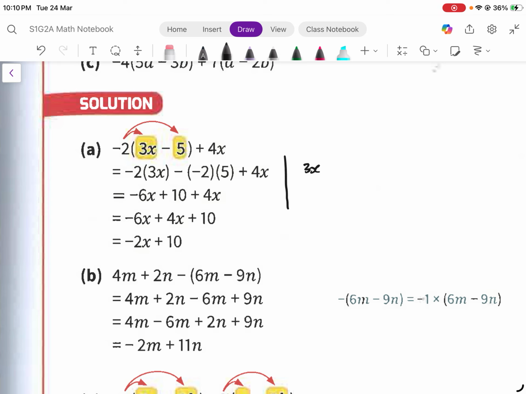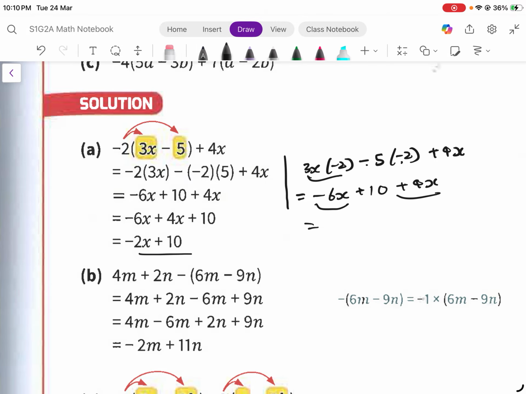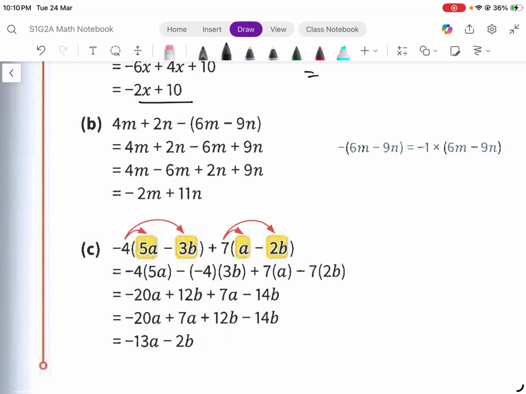I put the 3x in front, minus 2. I put the minus 5, then I put the minus 2 behind, then you have plus 4x. Okay, so expand this one, minus 6x. Minus minus plus 5 times 2, 10, then plus 4x. So like terms, minus 6x plus 4x, you will get minus 2x plus 10.